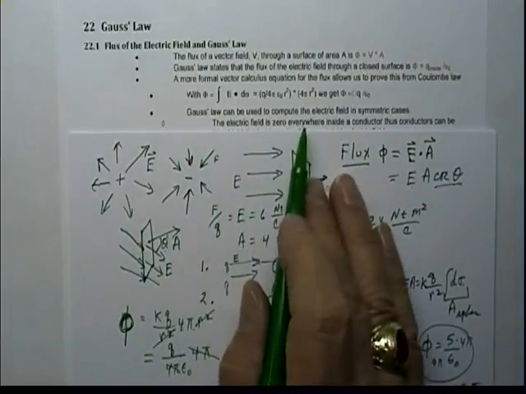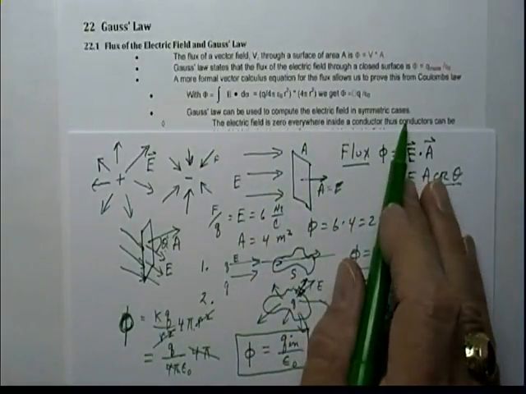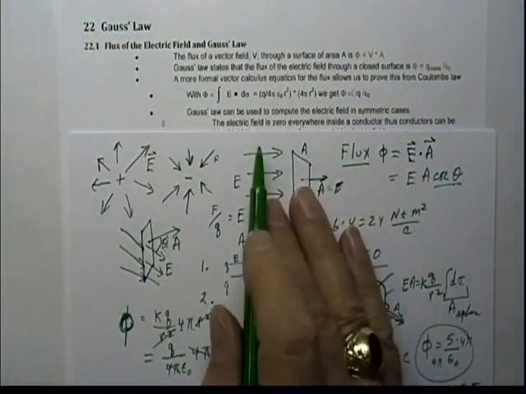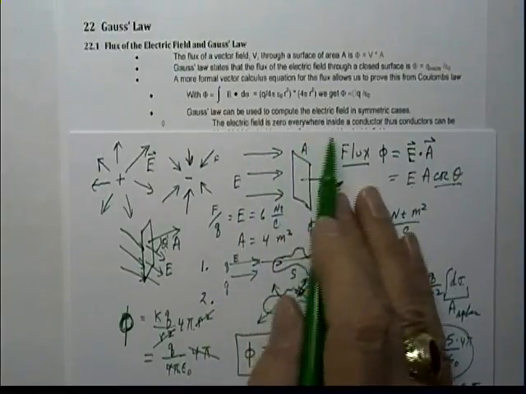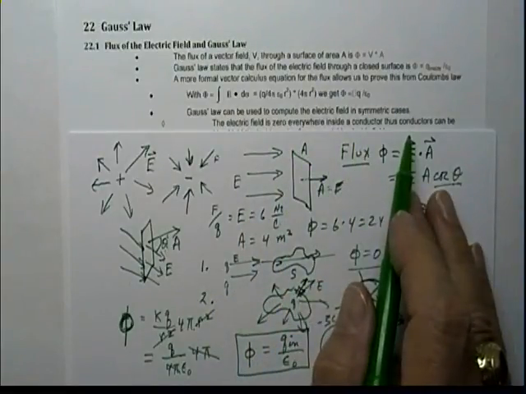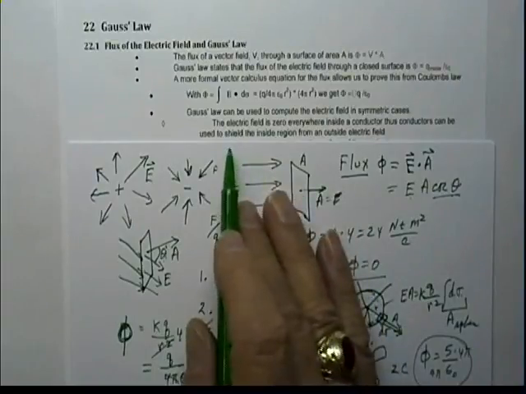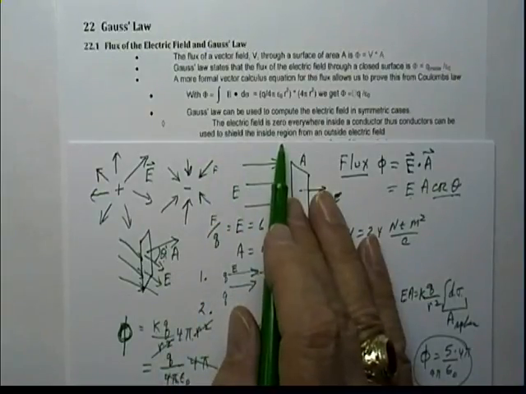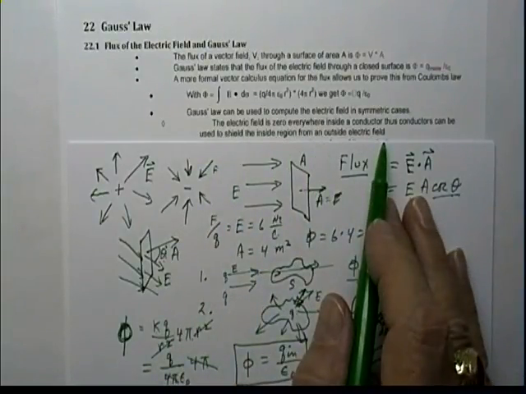Well, Gauss's law can be used to compute the electric field in cases that are symmetric. And the electric field is 0 anywhere inside a conductor. Thus, conductors can be used to shield the inside region from an outside electric field.